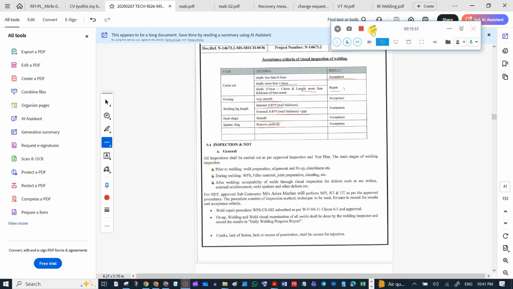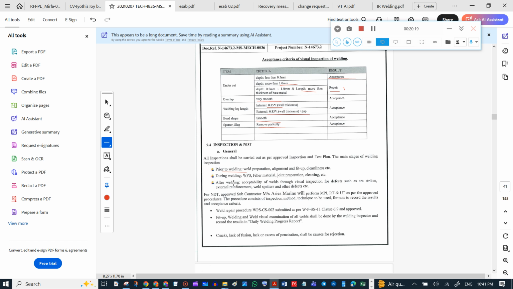Again, in the ITP we are discussing the visual inspection, like prior to welding we are checking weld preparation, alignment, fit up, cleanliness, etc. During welding we are checking with regards to WPS, filler material, joint preparation, cleaning, etc. Here we are also checking the current and travel speed, and the buffing and cleaning between the layers.